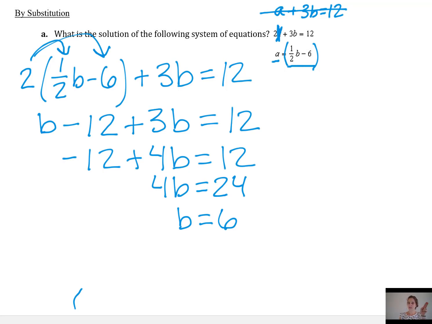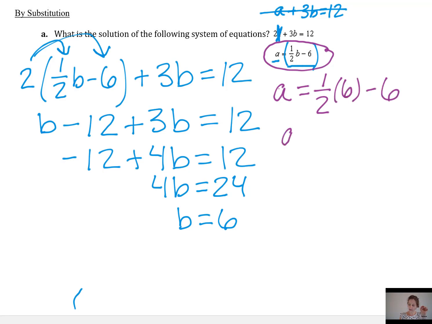System of equations, I need both variables. I'm going to choose to replace b in the second equation because then a is already by itself. a equals 1/2 b, which is 6, minus 6. a equals 3 minus 6. a equals negative 3.